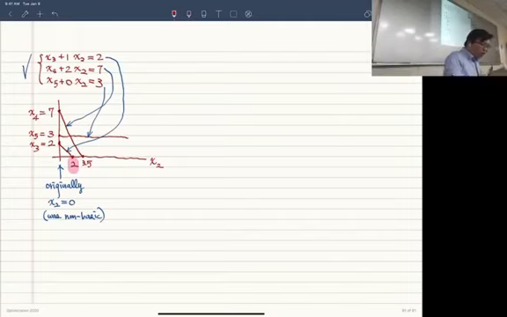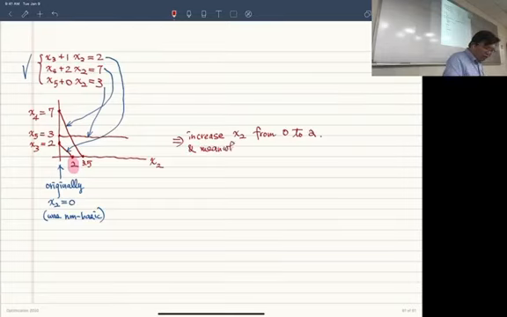So in this case, you actually increase x2 from 0 to 2, and meanwhile, x3 decreases from 2 to 0.